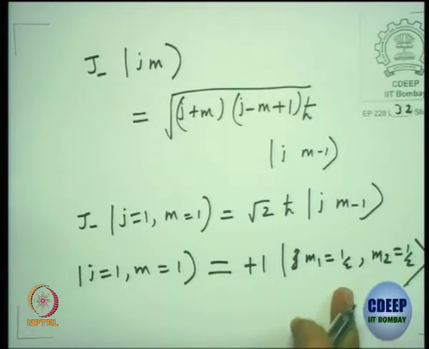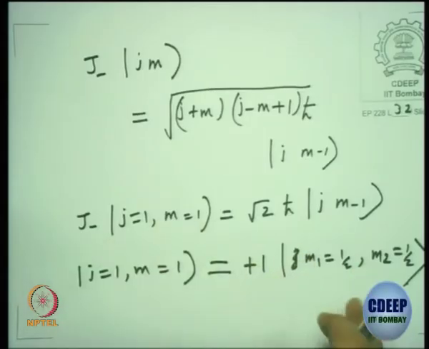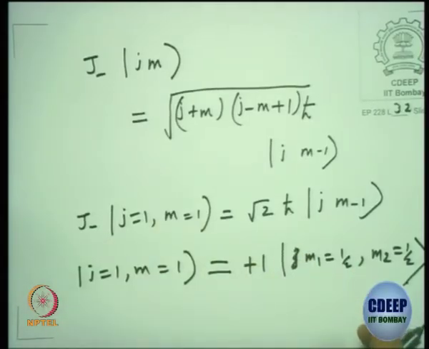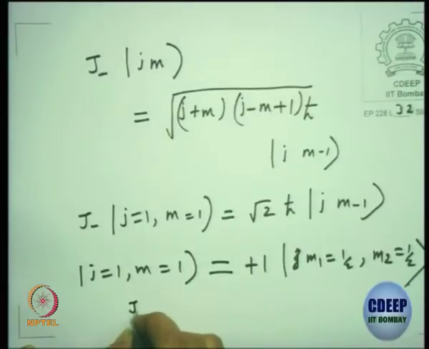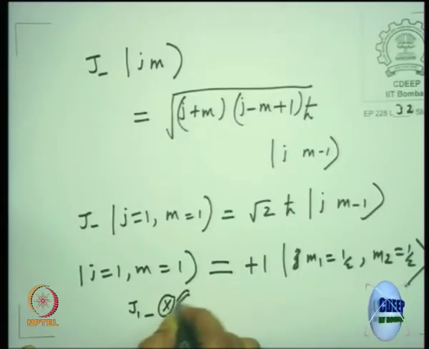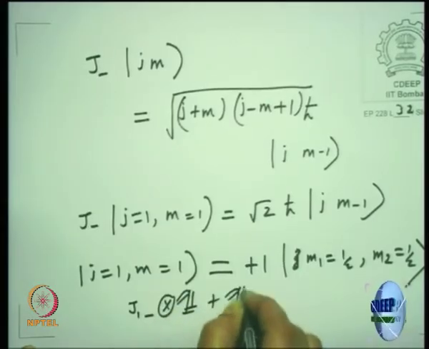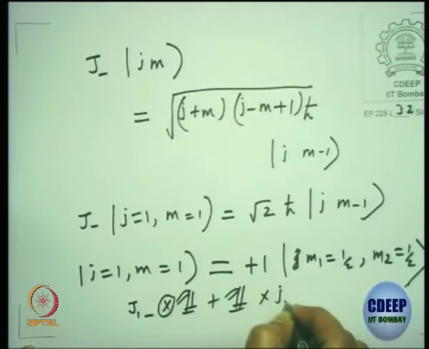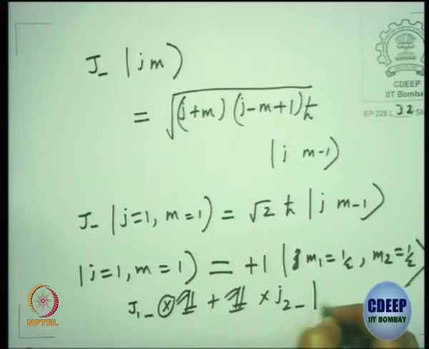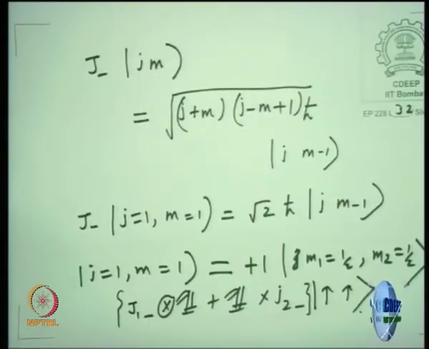On the right hand side, if I want to do the lowering operator, I have to do it as if I am working on the uncoupled basis. The lowering operator there will be J1 minus cross identity plus identity cross J2 minus. You have to do that on the up up state.